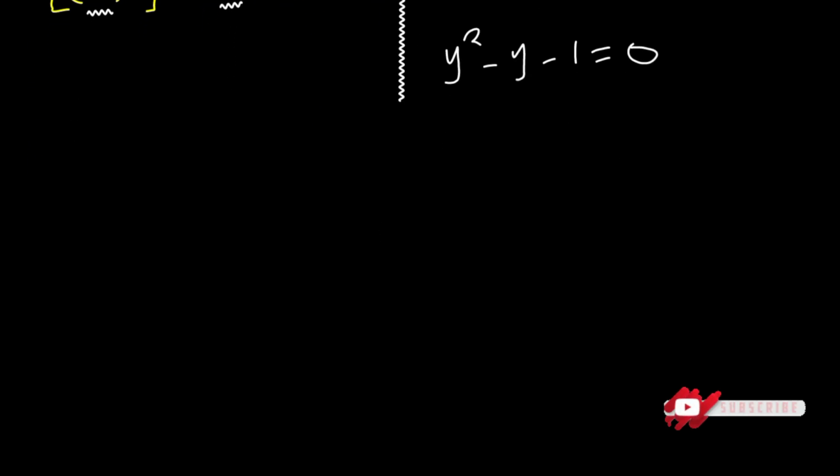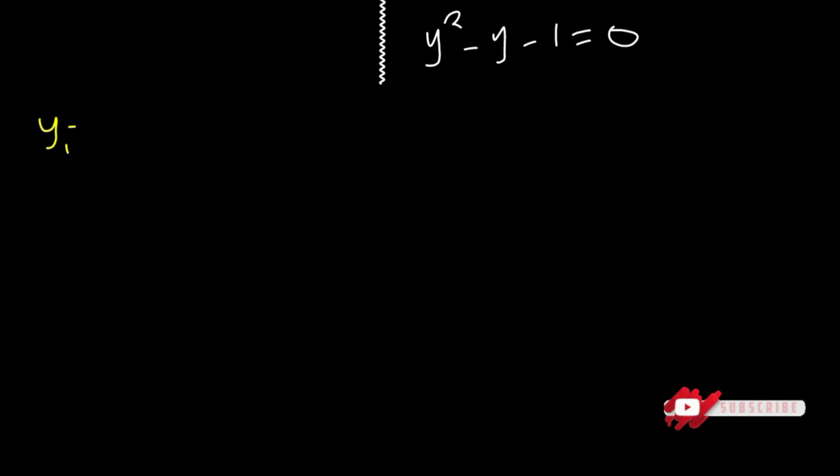And then moving further, when we solve this quadratic equation, we'll find out that y1 equals 1 plus square root of 5 all divided by 2, and also y2 equals 1 minus square root of 5 all divided by 2.